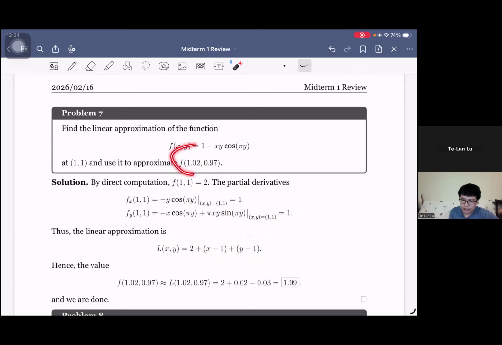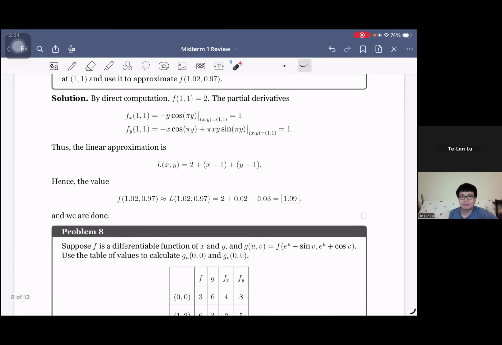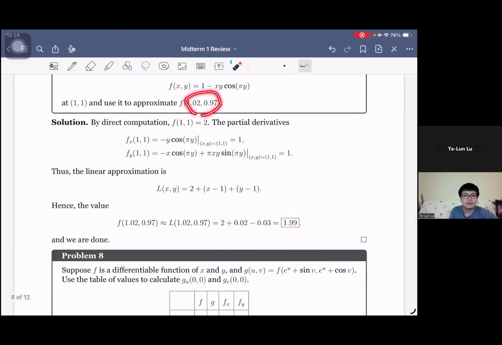So we can estimate this value by plugging in x equals 1.02 and y equals 0.97. And then you see that it is 1.99. Okay, approximately. The tangent plane has the value 1.99 at this point. And we know that the tangent plane locally looks like the surface, so this is approximately 1.99.